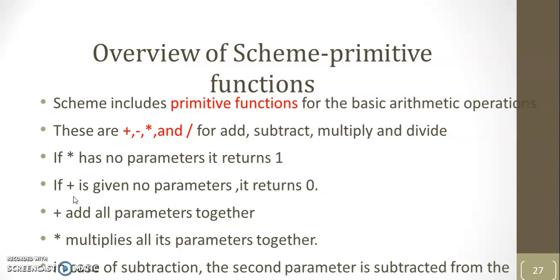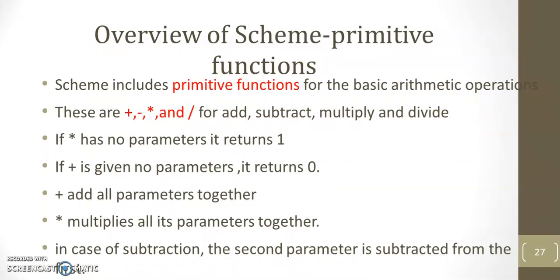And if plus is given and no parameters are given, it returns the value 0. So plus does the addition of all the parameters together. Star also multiplies all the parameters together. In case of subtraction, the second parameter will be subtracted from the first.